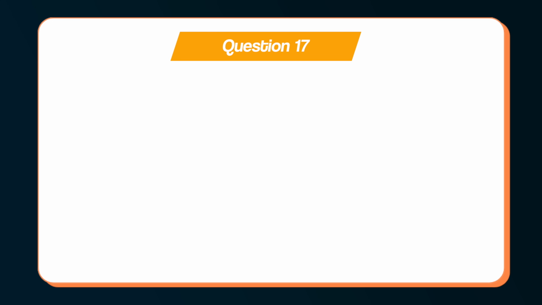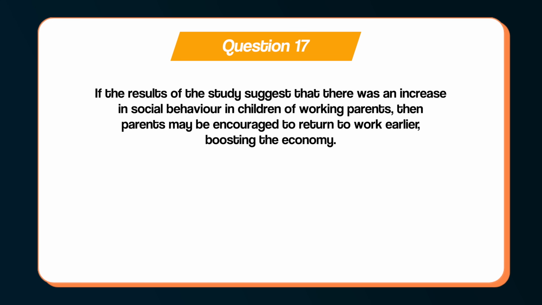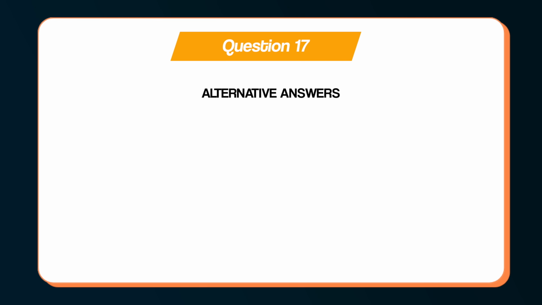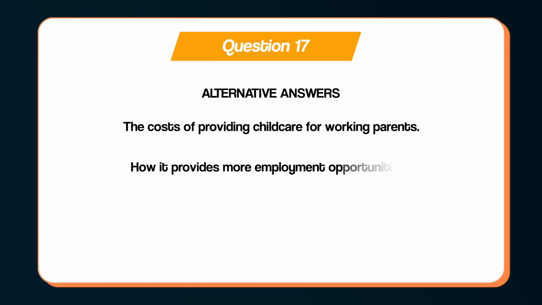Number 2, in contrast, if the results of the study suggest that there was an increase in social behaviour in children of working parents, then parents may be encouraged to return to work earlier, boosting the economy. Other ways of answering it could have included the cost of providing childcare for working parents, or how it provides more employment opportunities for nursery and childcare employees.